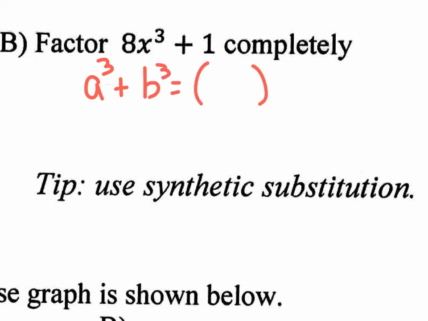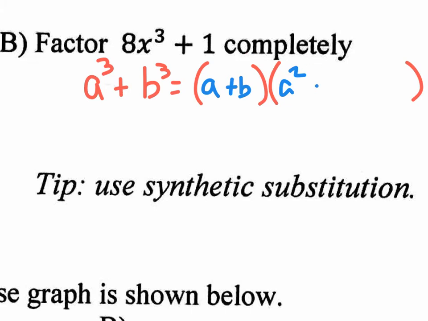It's a binomial times a trinomial. So if you had a plus, then right here it's going to be a plus, all right? So my first binomial will be a plus b. And my second, the trinomial, is going to be a squared. It's always a squared.